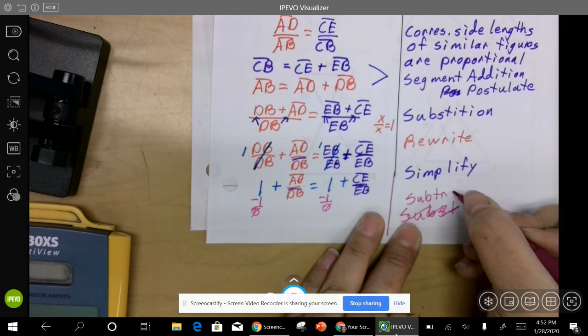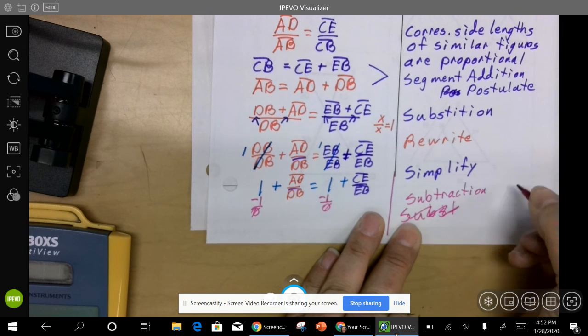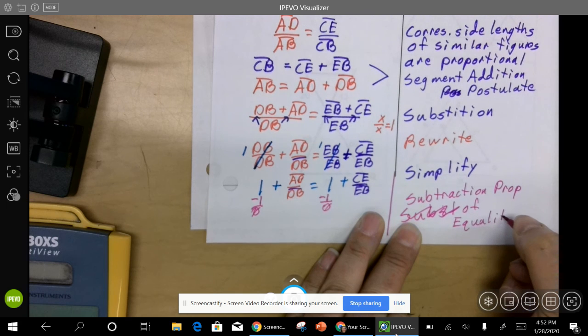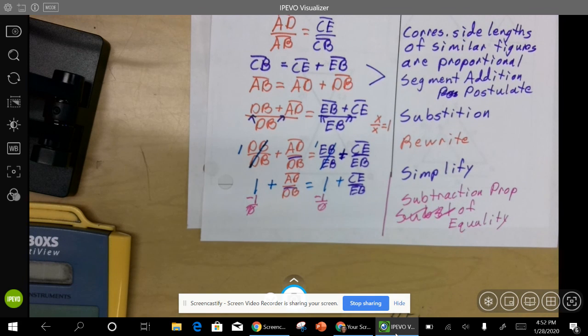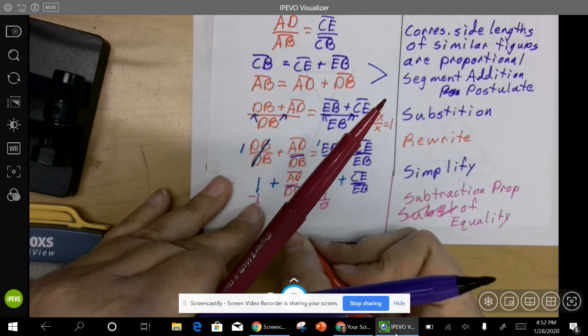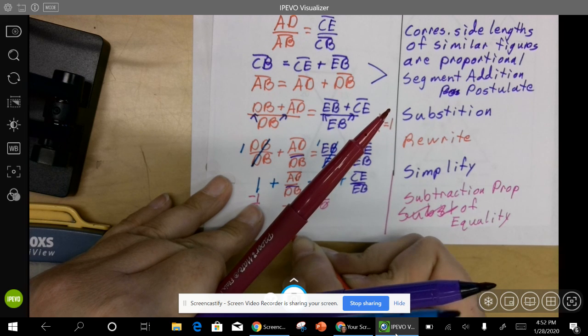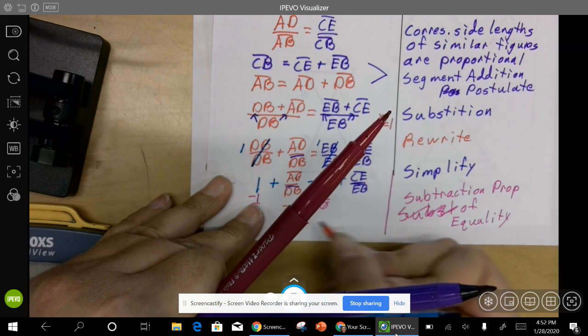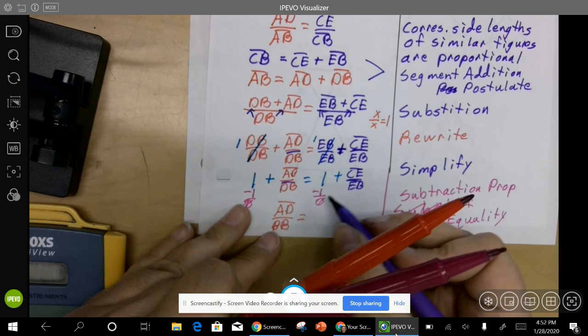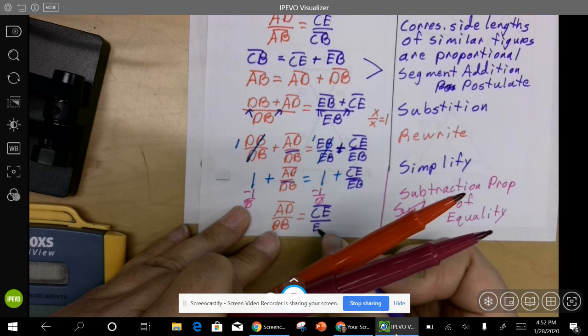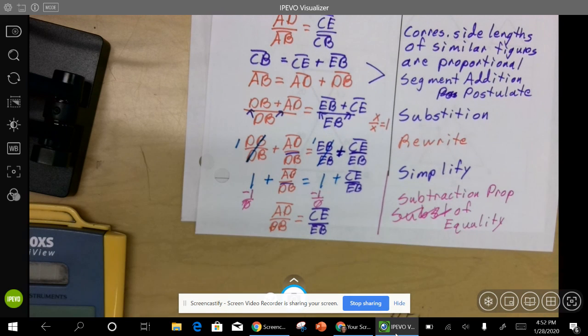So that's our subtraction property of equality. Okay, so now we have it, everybody. So we have AD over DB is equal to CE over EB. Okay, so make sure you go home and study this. You got this.